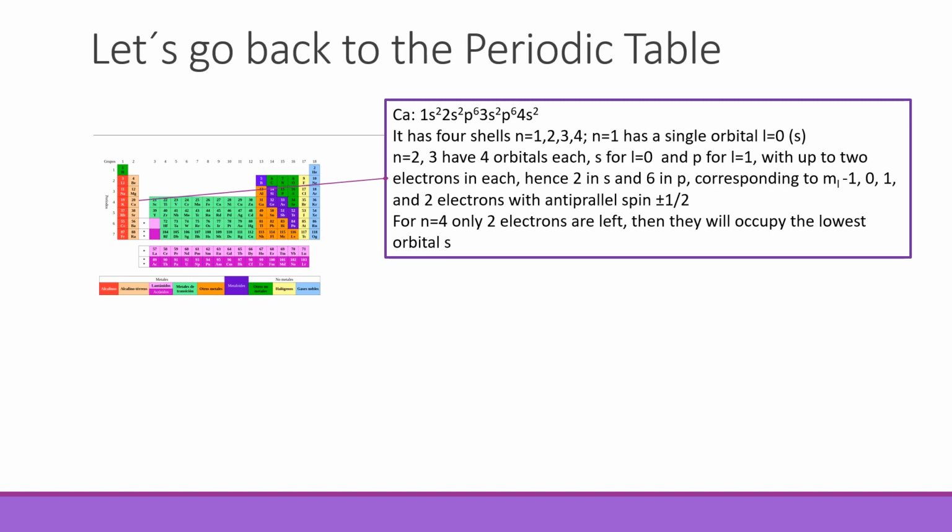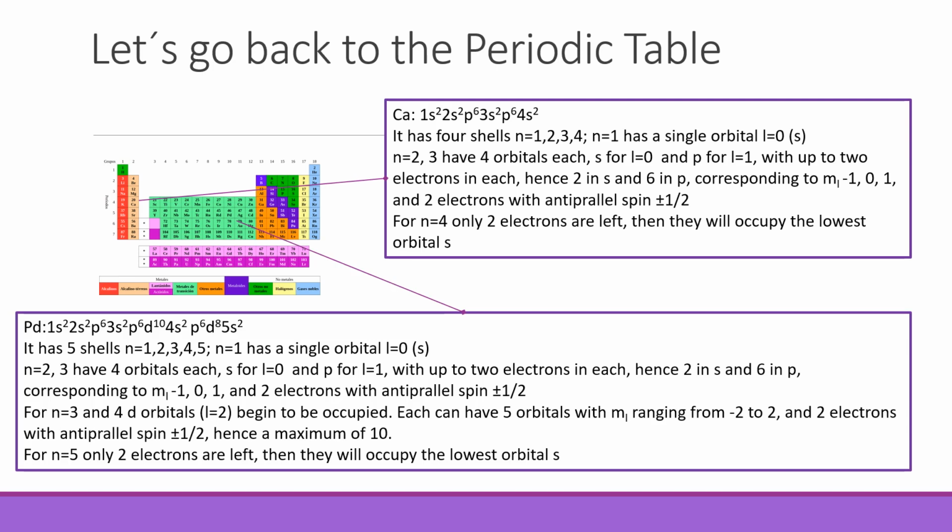That corresponds to magnetic moments -1, 0, 1, and then we have 2 electrons with antiparallel spin, ±1/2. For n equals 4, we have only 2 electrons, because we have only 2 electrons left. Then they will occupy the lowest possible orbital, which is the s orbital.